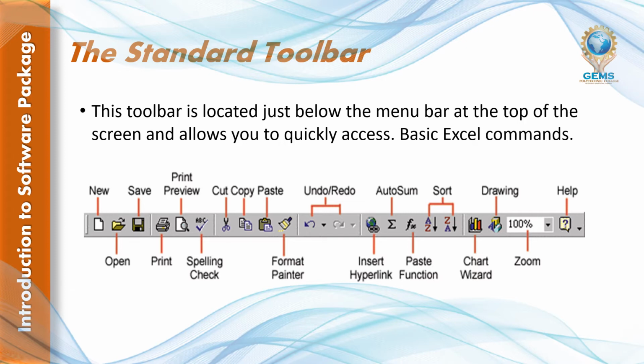This image shows the different standard menu options: new, open, save, print, print preview, spelling check, cut, copy, paste, format painter, undo and redo, insert hyperlink, auto sum, paste function, sort function, chart wizard, drawings, zoom options, and finally help options.